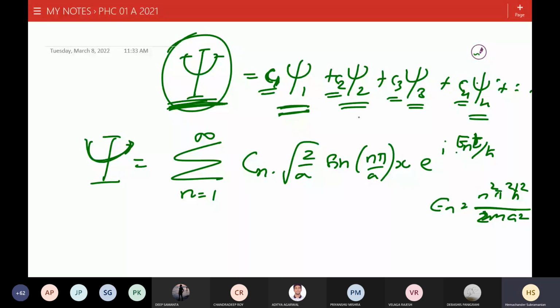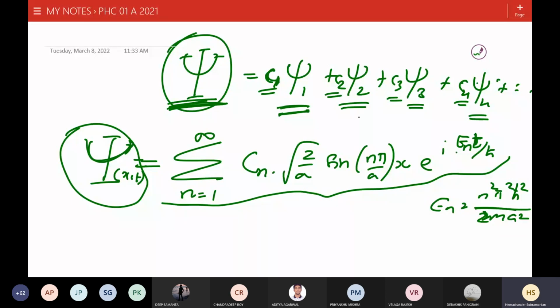So this is a new wave function. It's a composite wave function, which is a sum of a lot of eigenfunctions. These individual wave functions, psi 1, psi 2, psi 3, are called eigenfunctions, and for each one of them you have E1, E2, E3. Those are called eigenvalues. You might have heard of eigenvalues and eigenvectors in matrix diagonalization.